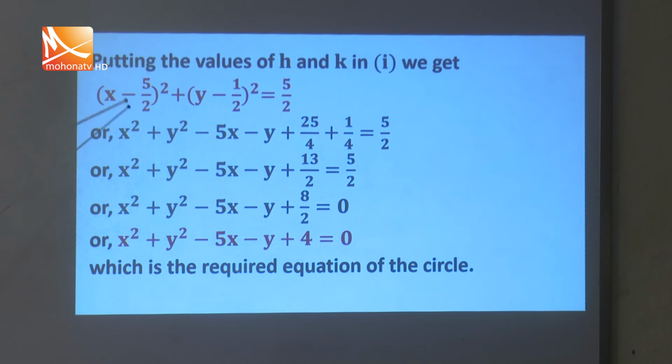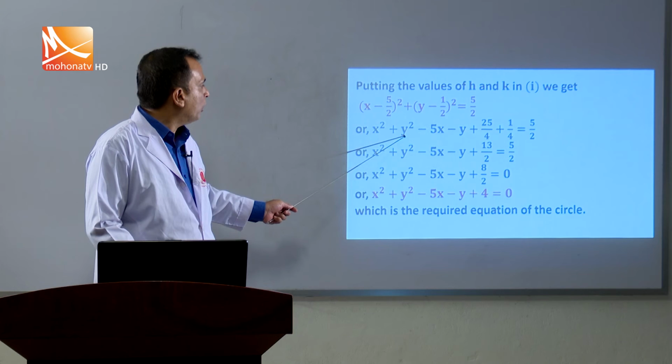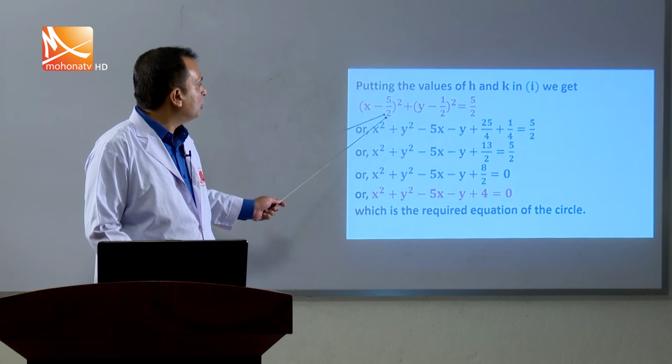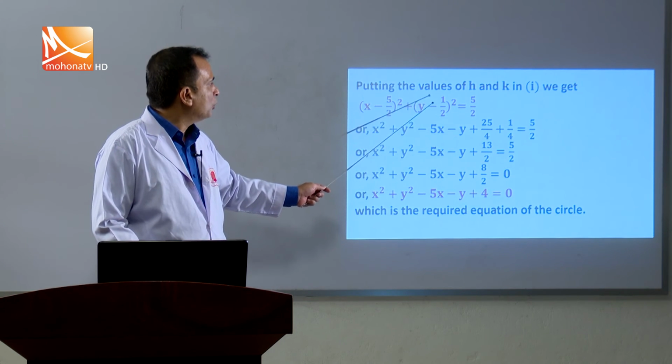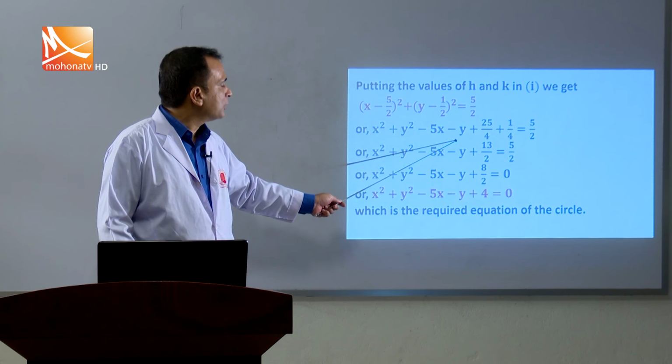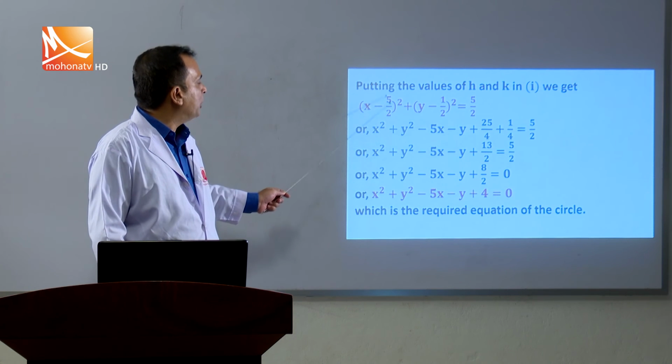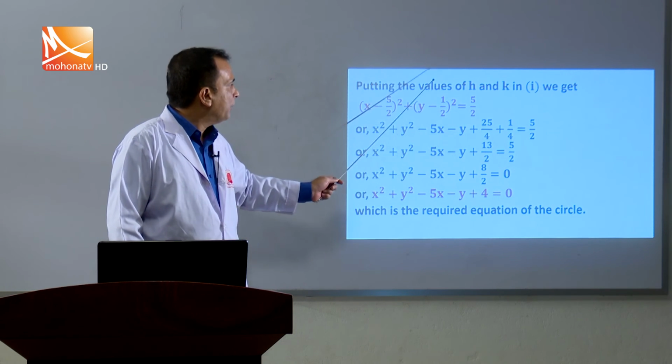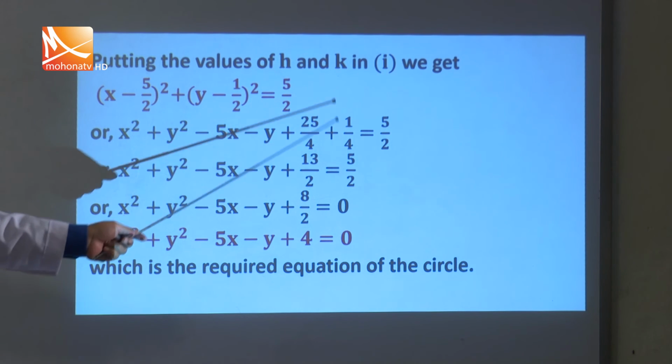Now we are expanding this with the formula of (a minus b) whole square and rearranging. Then we will get x square, then y square, minus 2 into 5 by 2 into x, that is 5x, minus 2 into y into half, that is minus y, plus (5 by 2) whole square is 25 by 4, plus (half) whole square is 1 by 4, equals 5 by 2.